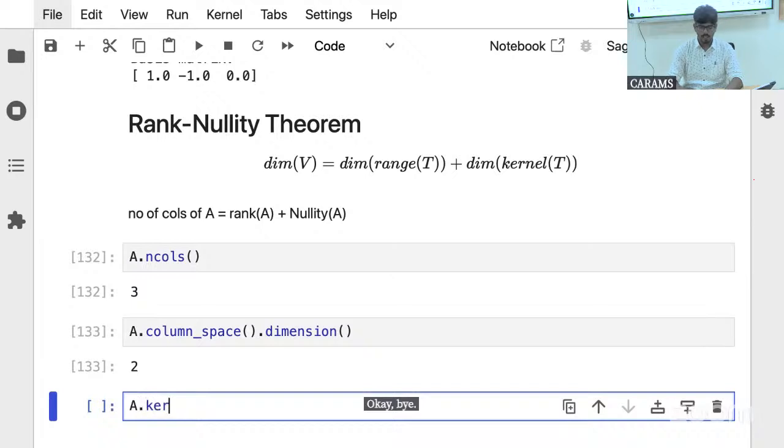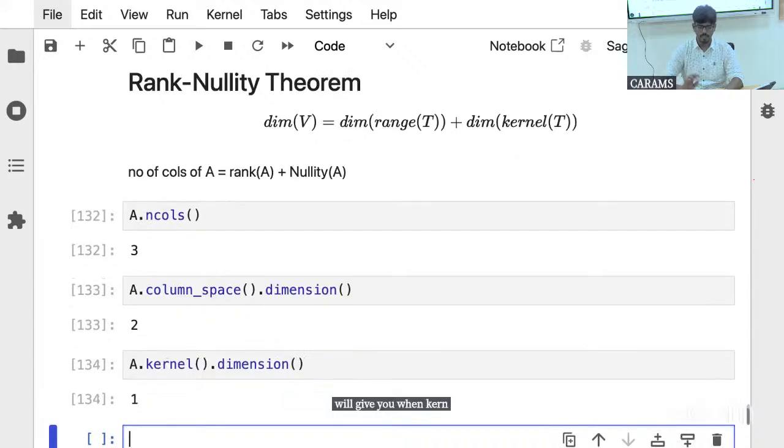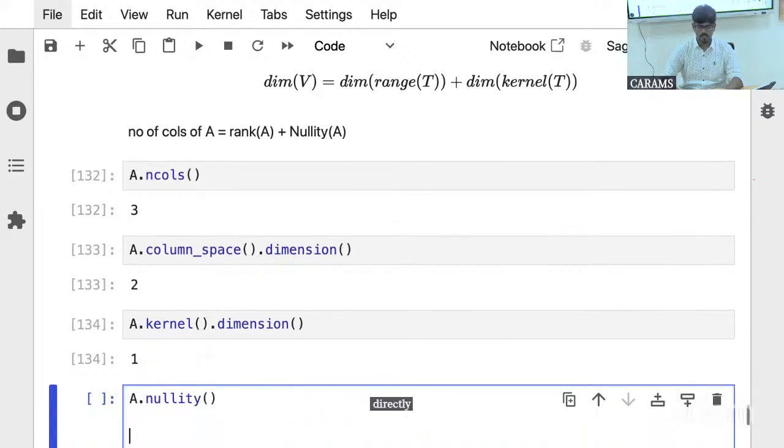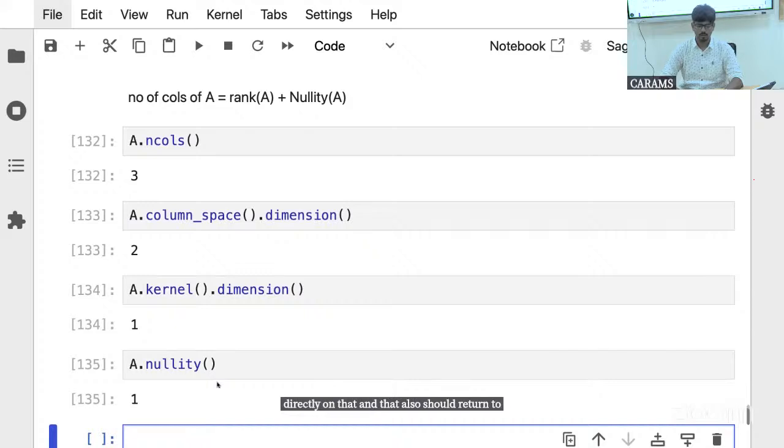Then A.kernel's dimension will give you the nullity. I believe you can also run nullity directly on that, and that should also return a 1.